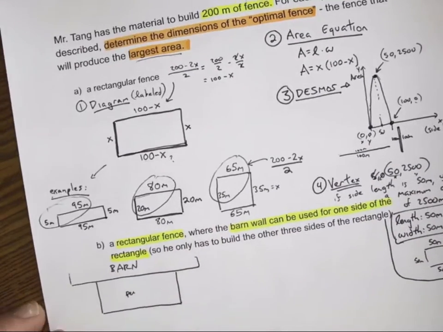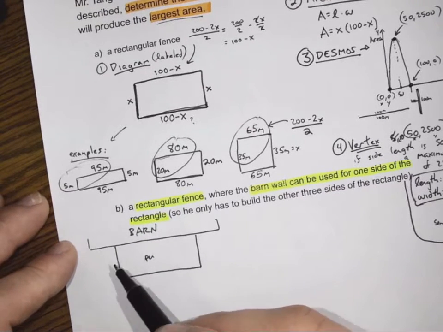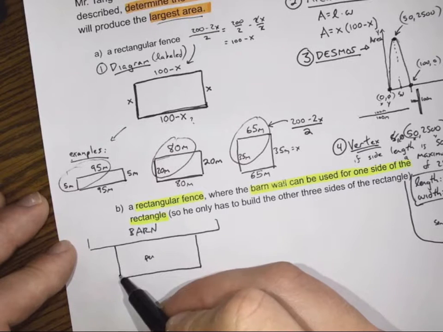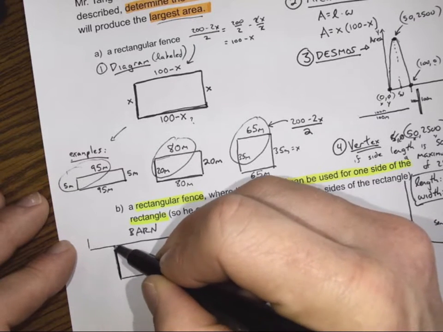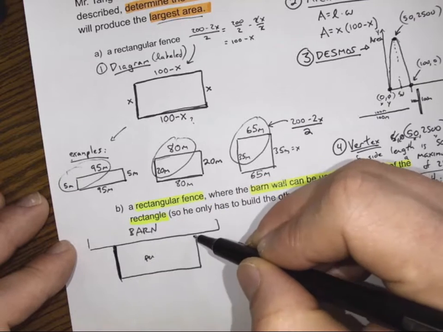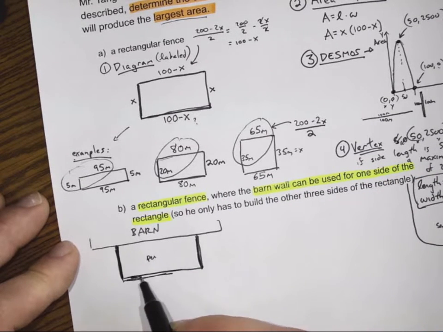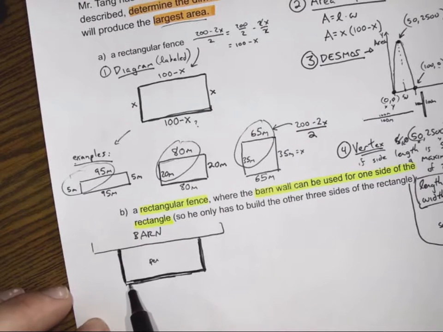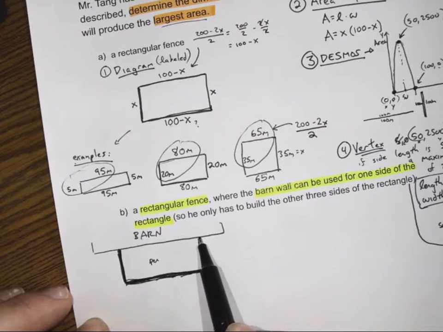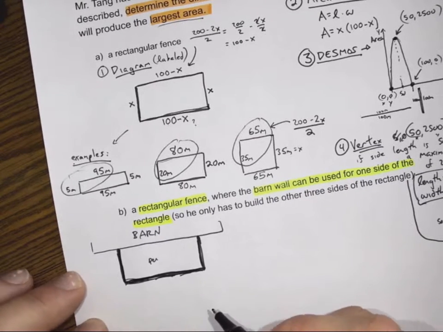Okay. Now again, I would have some 200 meters of fencing, which, if it isn't clear, only is really going to be making this side here, and this side here. I do not need to place fence along the barn. It's not necessary, because the wall of the barn represents, I guess, one end of this enclosed area.